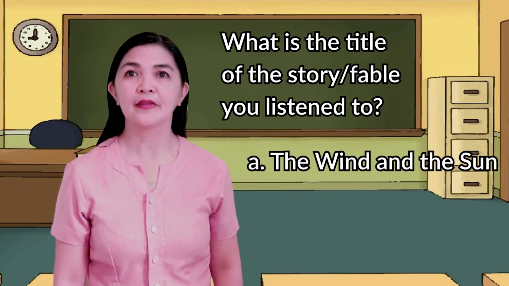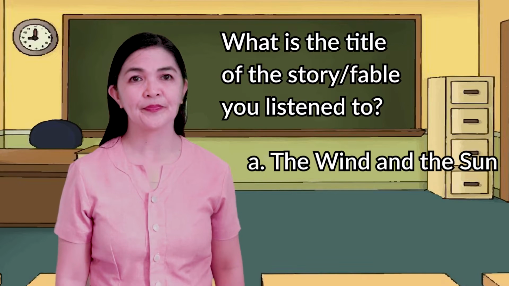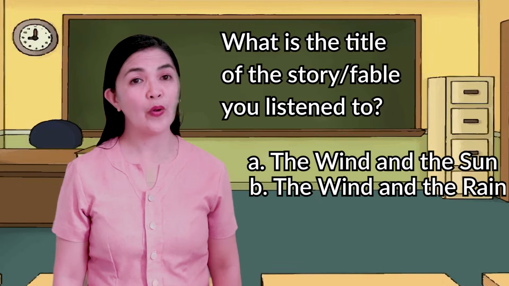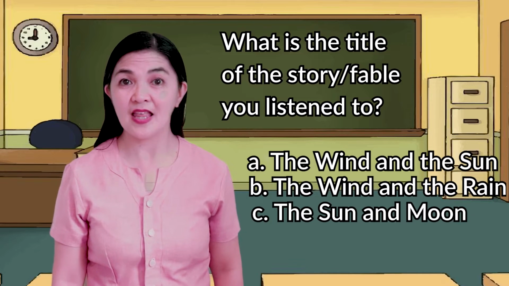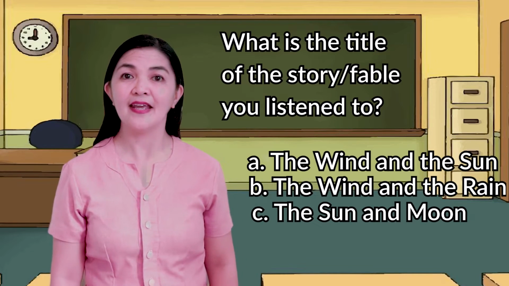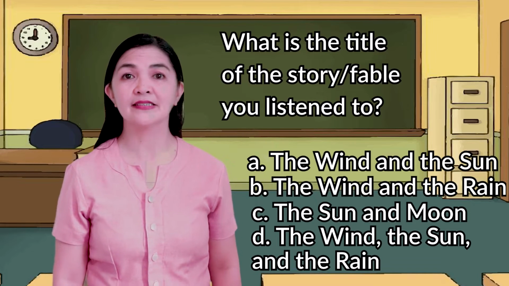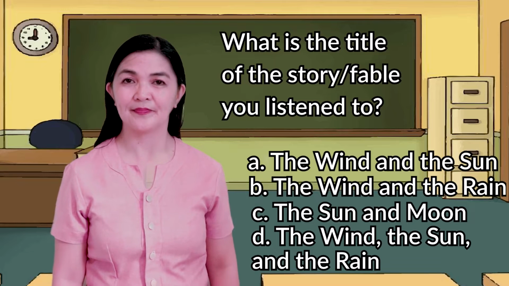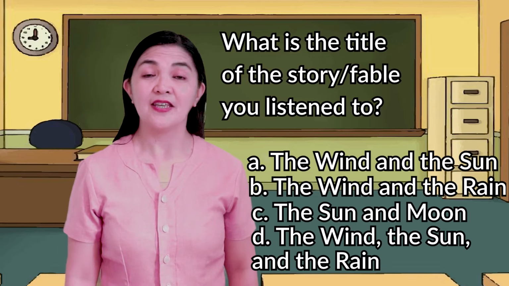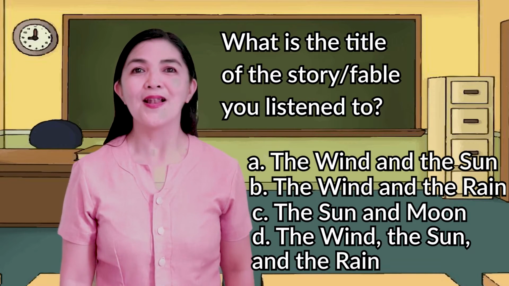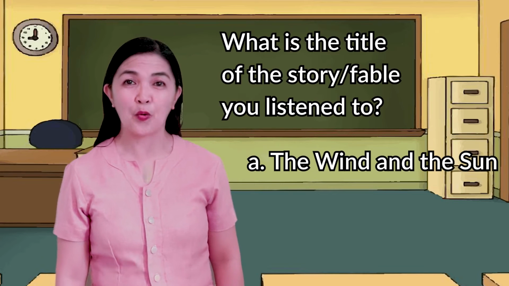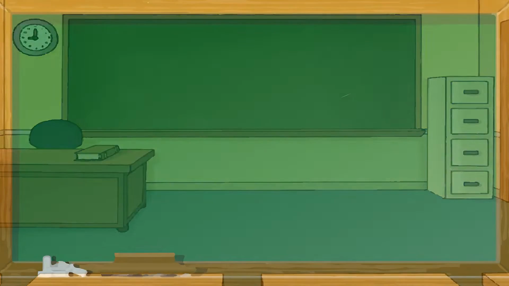Letter A, The Wind and the Sun. Letter B, The Wind and the Rain. Letter C, The Sun and Moon. Letter D, The Wind, the Sun, and the Rain. The answer is letter A, The Wind and the Sun.